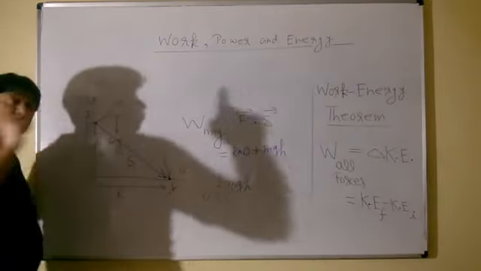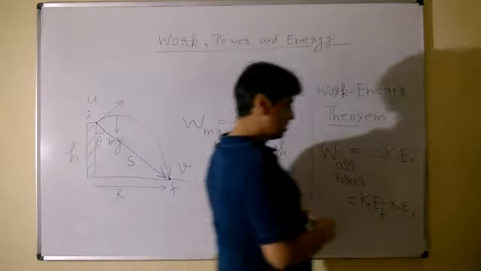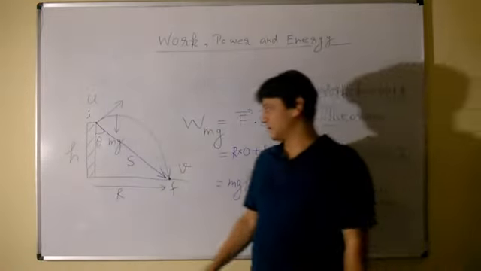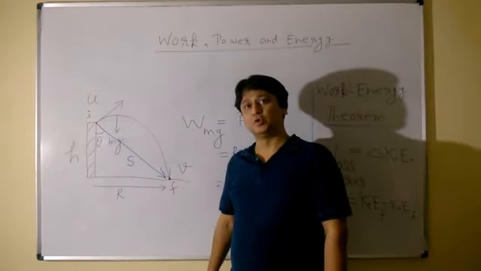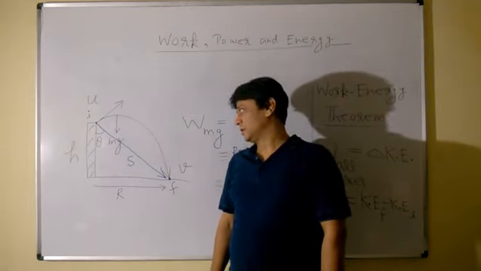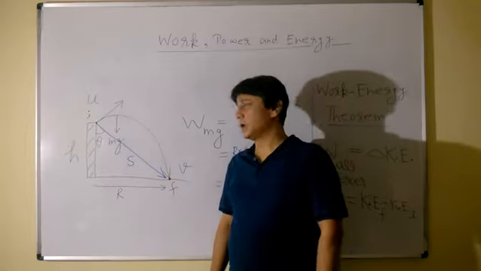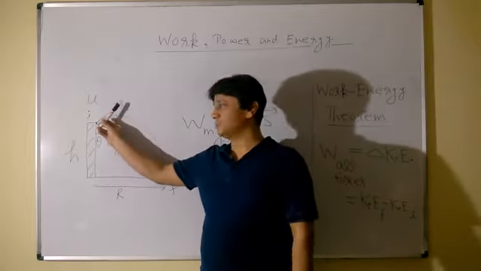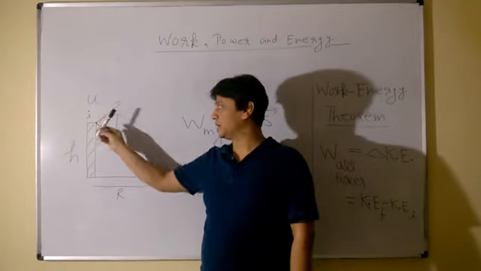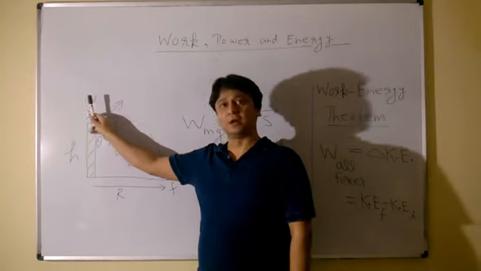Because if you remember, I don't know if you remember, we have developed V in projectile motion. How we did that? We resolved this U in projectile motion into horizontal component and vertical component.